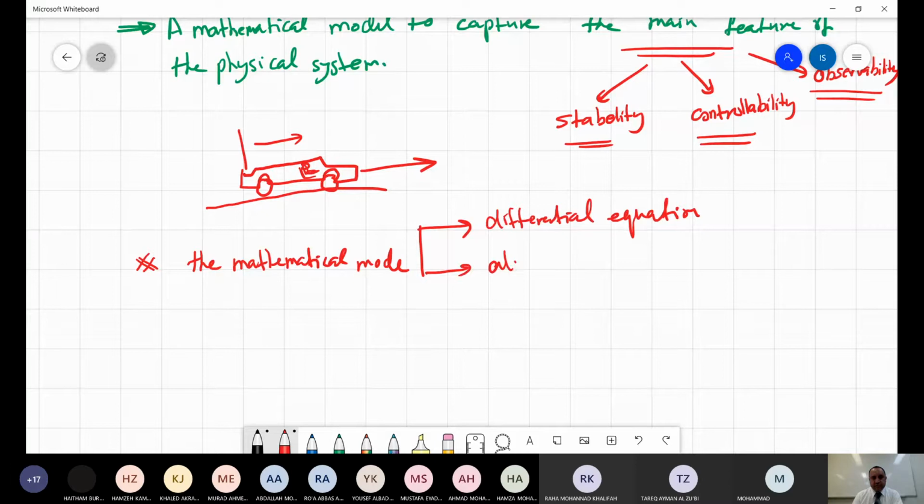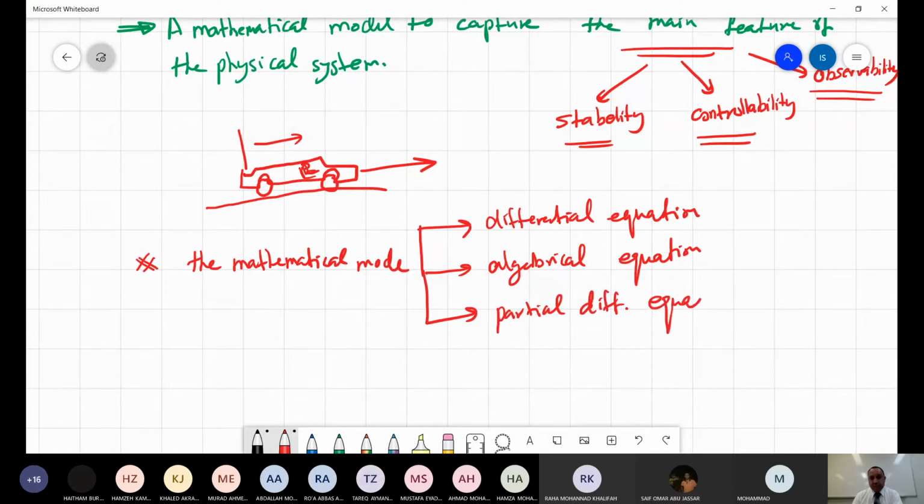Algebraic equation? Can be what? Laplace equation. Can be what? Differential integral equation?